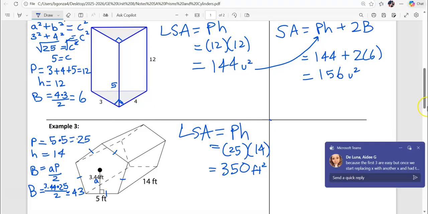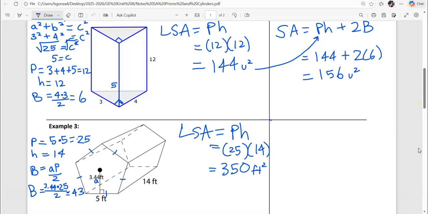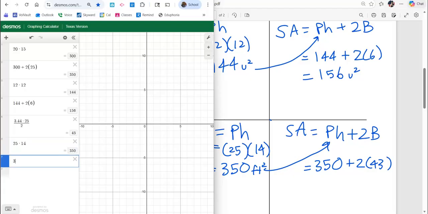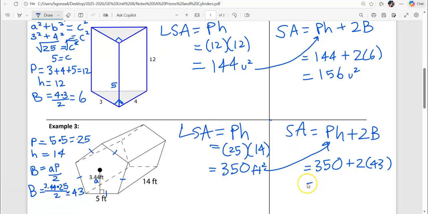Oh wow. Now, what about total or just regular surface area? Once again, if it's a prism like this, it's PH plus 2B, big B that is. 350 goes here, plus 2 times B, which we figured out was 43. 350 plus 2 times 43. 436 feet squared.